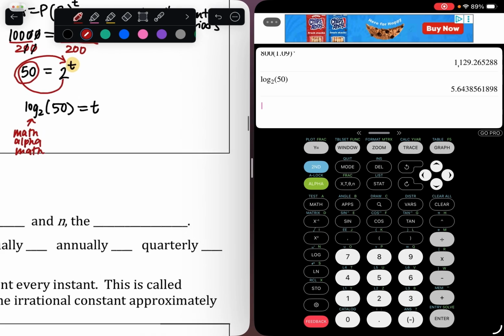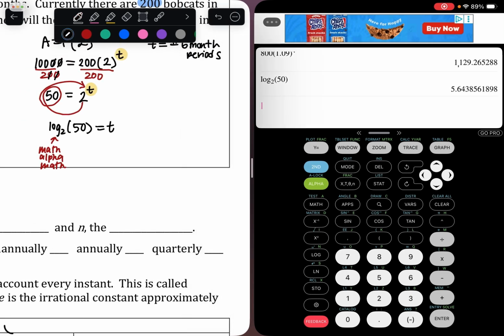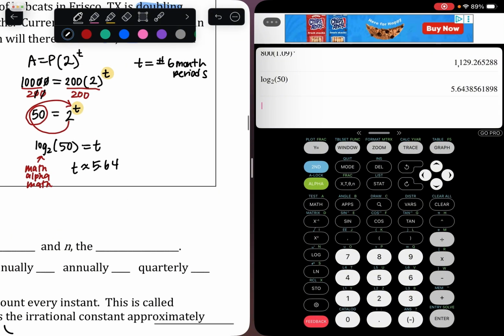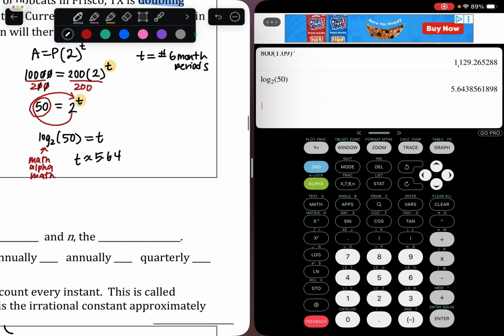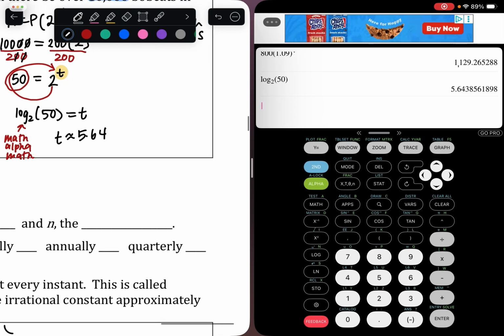So math, alpha, math, log base 2 of 50 is 5.64. And remember, this is the number of 6-month periods. If you want to, I would multiply that by 6, and that would give us 33.8 or 33.9 months.